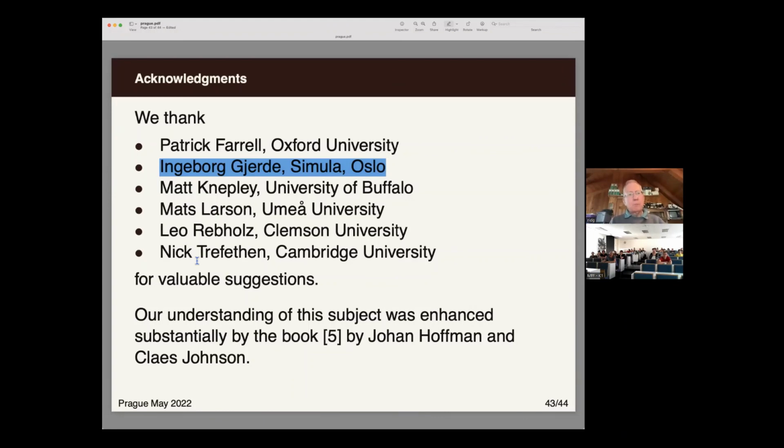And maybe most importantly was a book by Johan Hoffman and Klaus Johnson that really got me involved in this in a serious way. Trying to understand what they were saying led me to this understanding of Reynolds-Orr instability theory and the rest of the story.